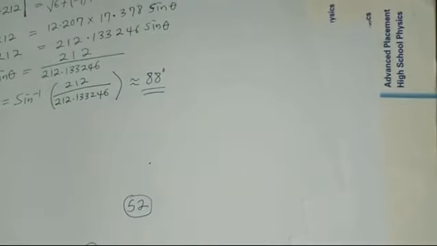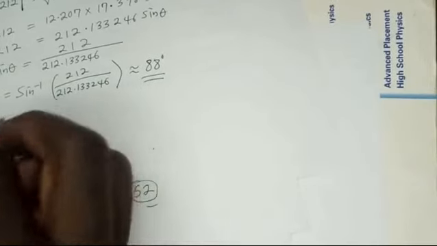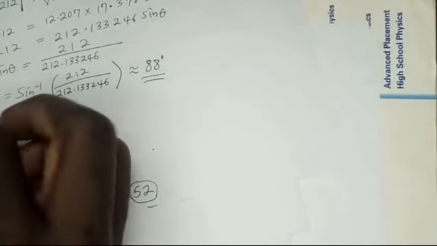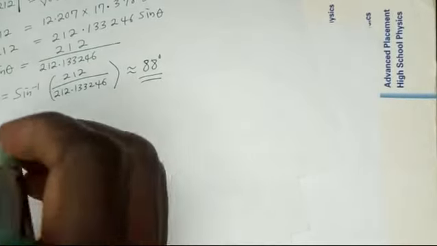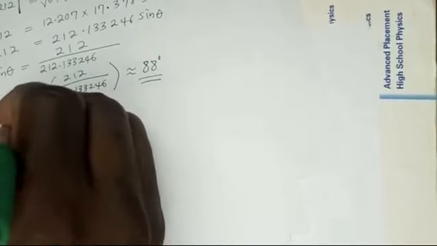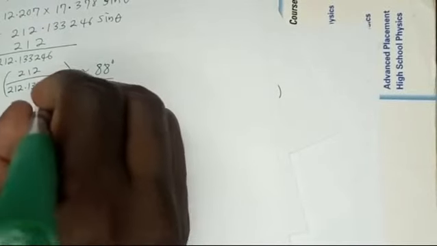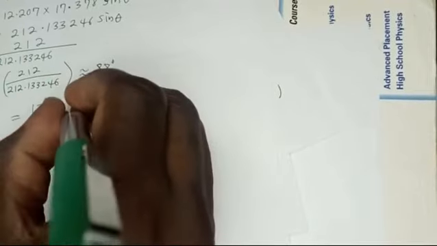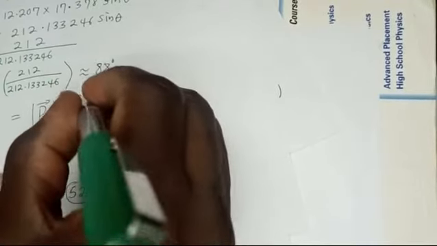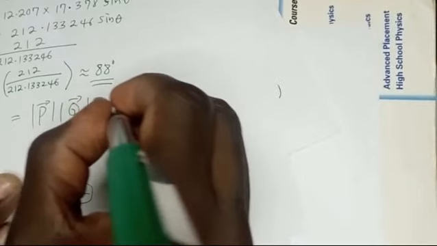As I told you earlier, you can use either the dot product or the cross product. This one I used the dot product. If I want to use the cross product, it says the magnitude of P cross Q is equal to the magnitude of P, magnitude of Q, cos theta.